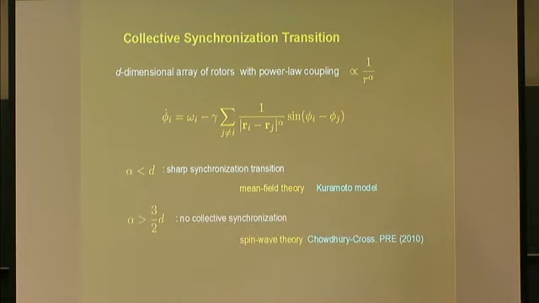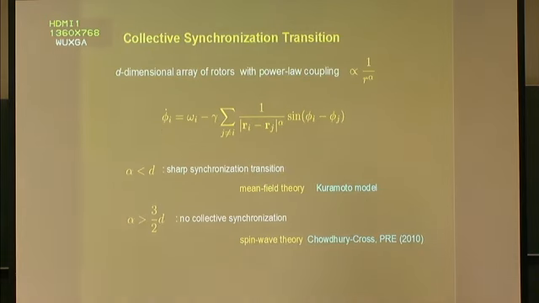And recently, it was shown by Chaudhary and Cross that if alpha is larger than 2/3 of d, there is no collective synchronization at all. And I have also extended the Kuramoto model to take into account the spatial heterogeneity and showed that when alpha is in between, we have a gradual transition as observed in our numerical simulation.